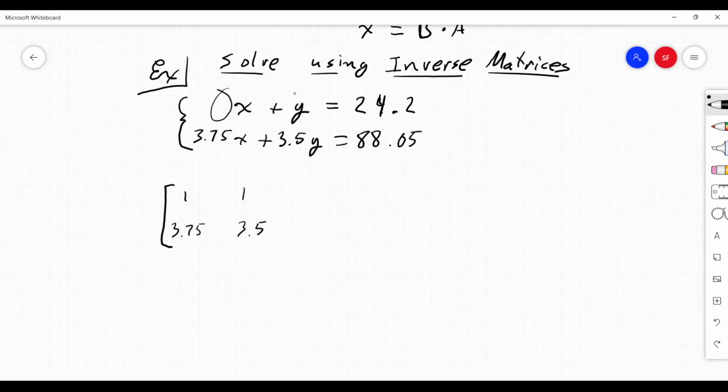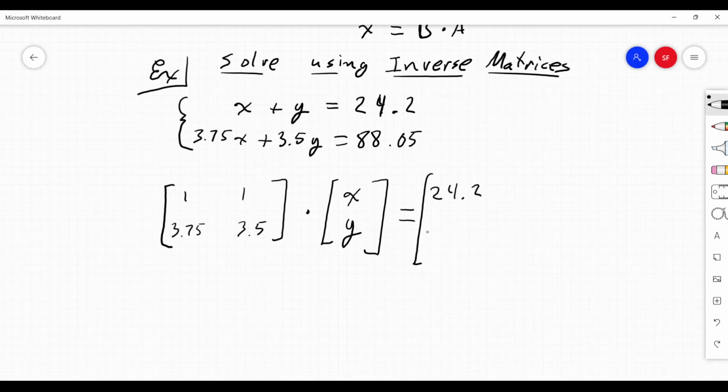From right here and right here. Yep. Good. Times xy equals 24.2, 88.05.